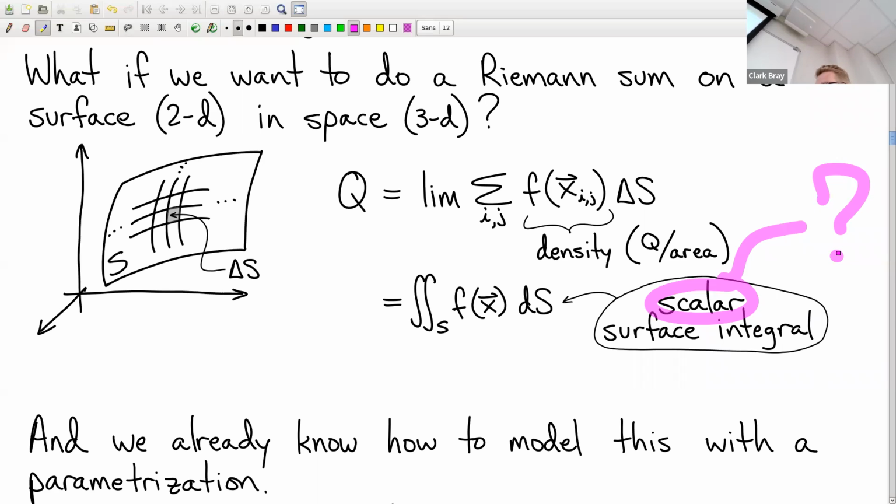It's because there's going to be another version of surface integrals that we'll see pretty soon, possibly today. You can probably guess, we're going to see something called a vector surface integral. Just like with line integrals, we had scalar line integrals and vector line integrals, it's analogous here. But for the moment, our integrand is a scalar, our differentials are scalars, so it's a scalar surface integral.